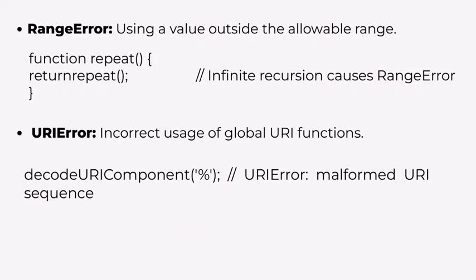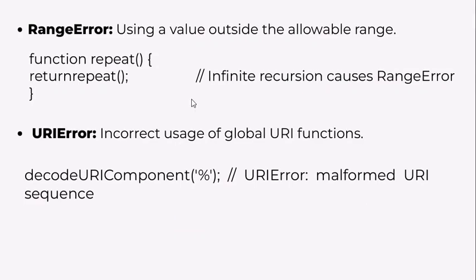Now we will move towards another error, which is a range error. A range error is using a value outside the allowable range. What does this mean? Let's say you have declared a function with the name of repeat, and inside that function you are returning the repeat function that you declared before.